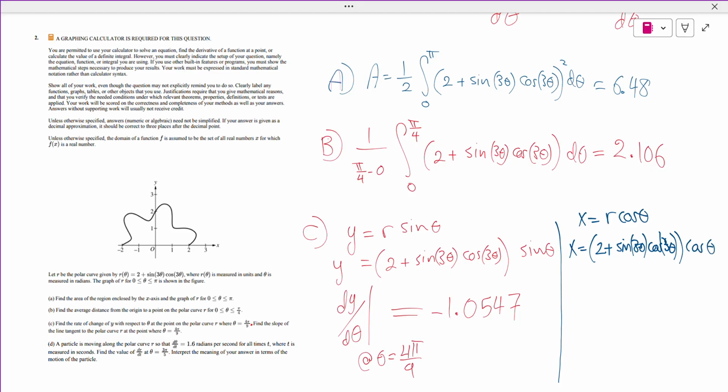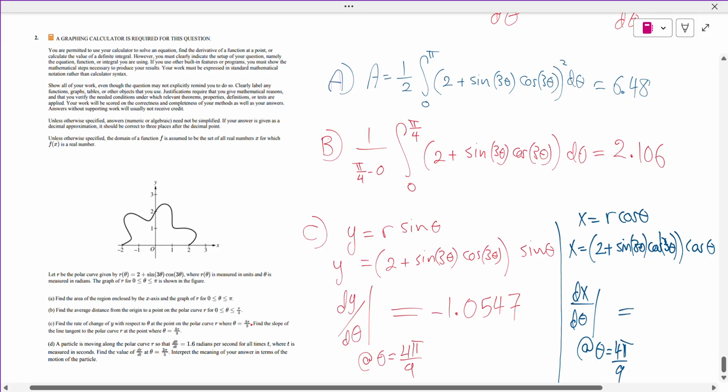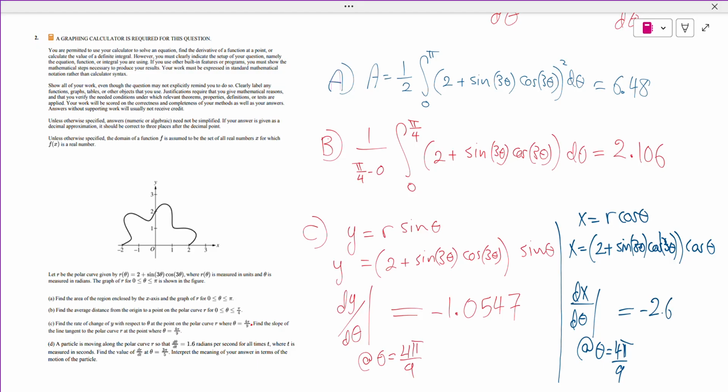Now you just need to find dx over d theta when theta equals 4 pi over 9, and this is equal to negative 2.6565. So we found dy over d theta and dx over d theta.